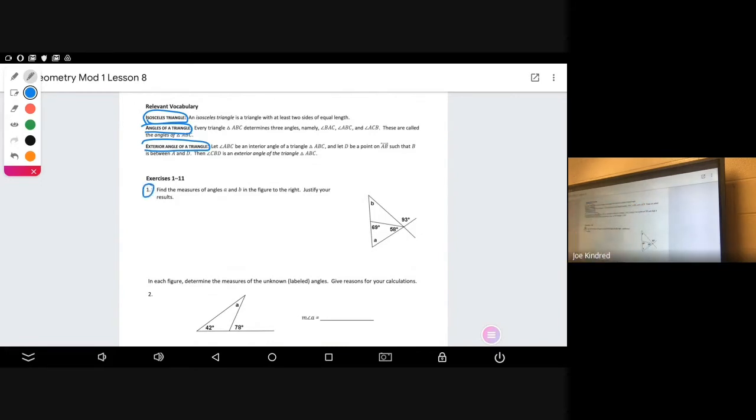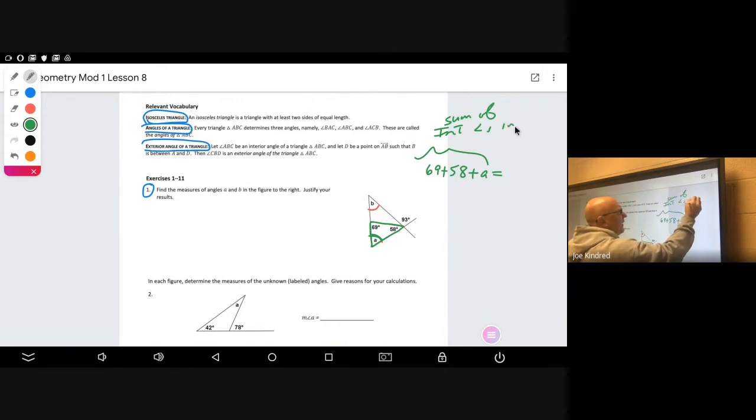So let's do this together. Notice that we are trying to locate and find B and A. Right away, I'm focusing in on A because I see that I have a triangle, and inside this triangle, I know that 69 plus 58 plus A, the sum of the interior angles in a triangle, equals 180.